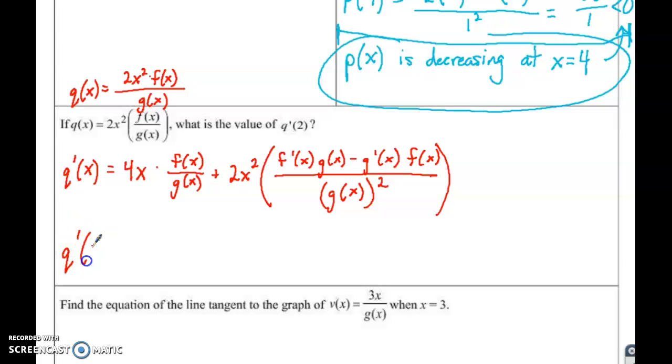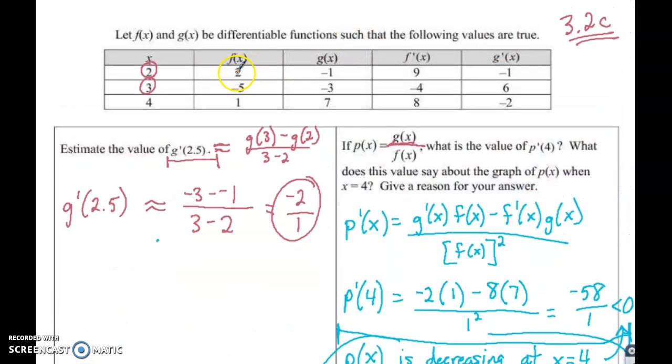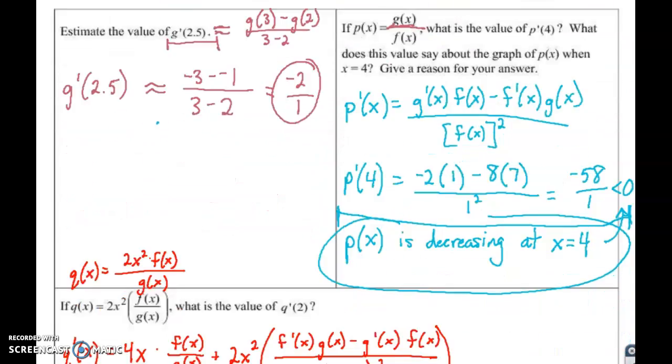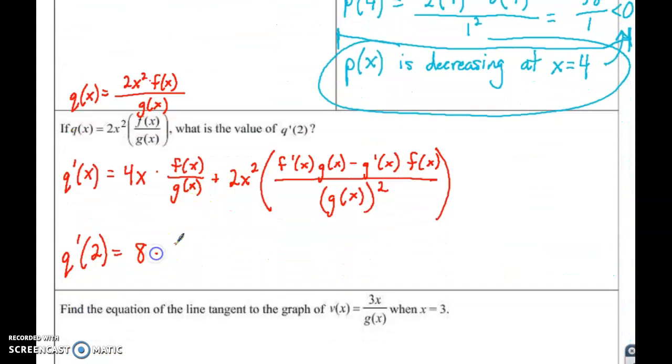So what's q prime of 2? Well, plug in 2 for all these x's. 4 times 2 is 8. f of 2 is 2, g of 2 is negative 1. Plus, let's see, 2 squared is 4, times that 2 is 8. We said g of x is negative 1, and negative 1 when you square it is 1, and then f of x is 2.